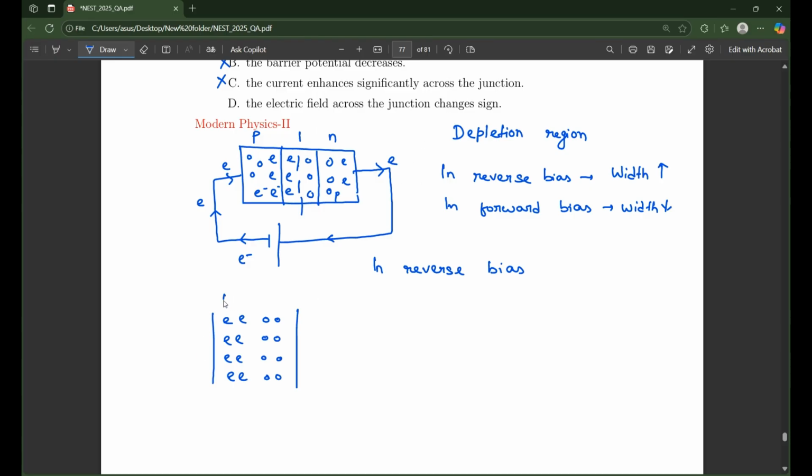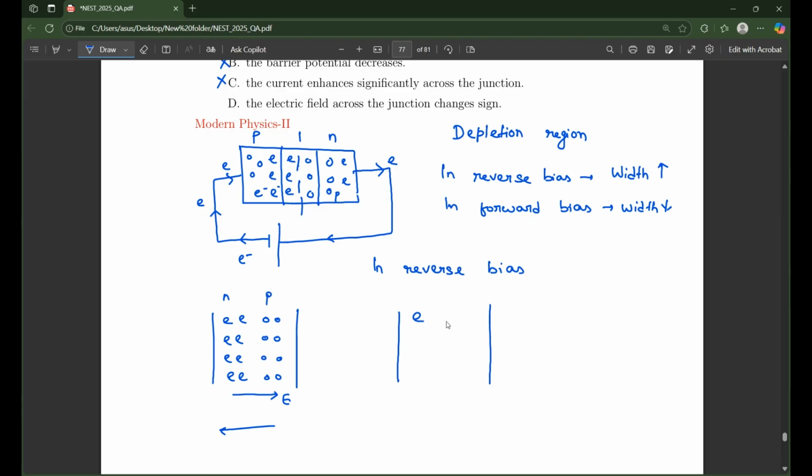It moves from N to P. This is the direction of electric field, correct? Now it says electric field across the junction changes sign. That means if I move from forward bias to reverse bias, this electric field direction will reverse like this. Is that the case? Let us examine.